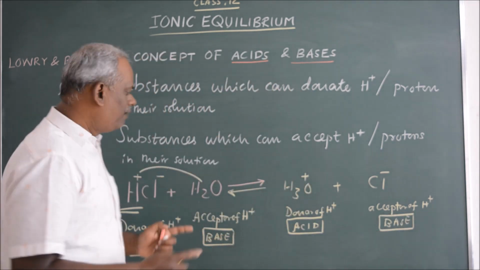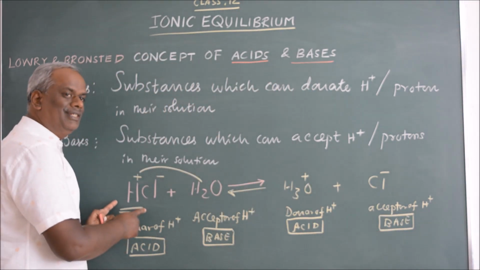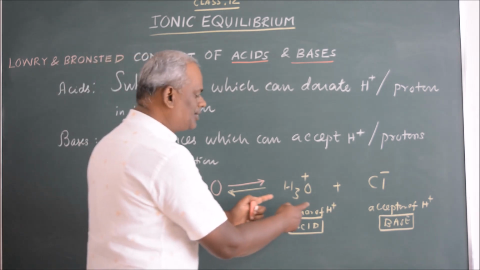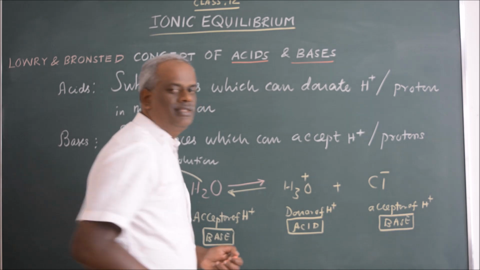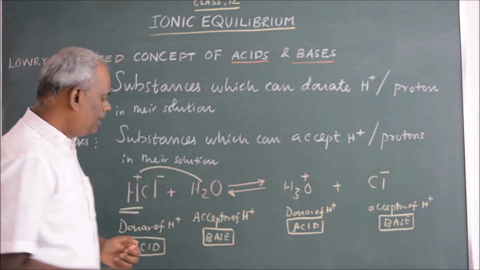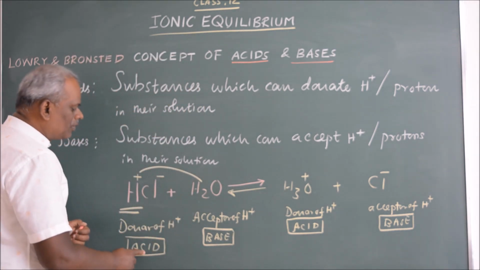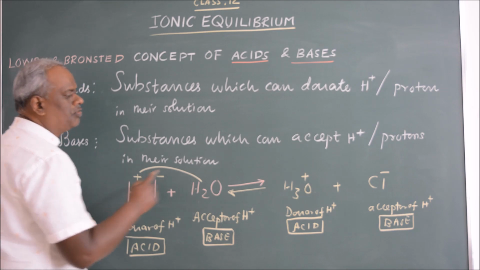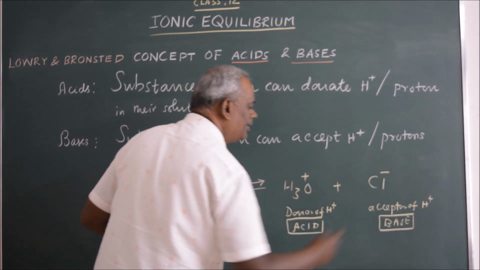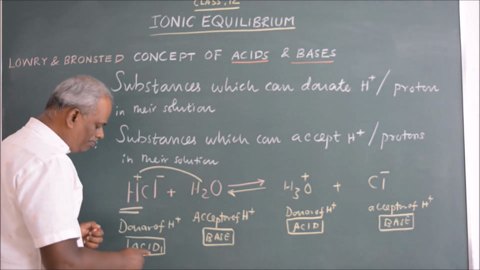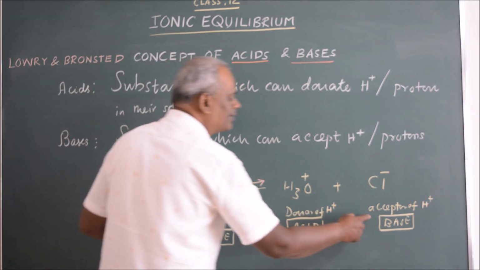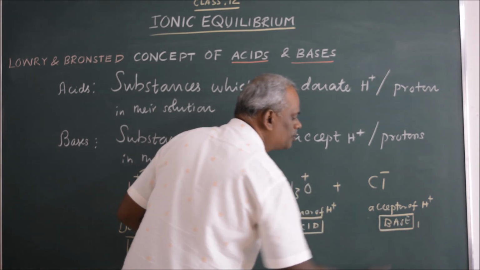Very, very simple. In the forward reaction, HCl is the acid. In the backward reaction, H3O plus is the acid. Acid is donating the H plus. Now, the acid, after the loss of H plus, is forming Cl minus, that is a base. I can take this as acid 1. From this acid 1, we are getting a base, and this base is called base 1.